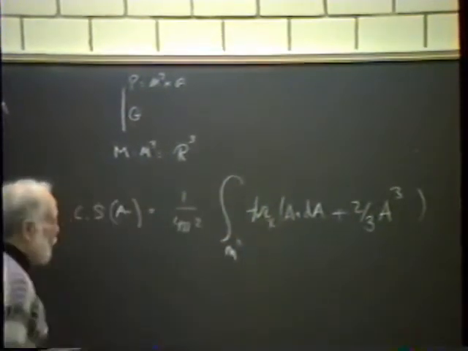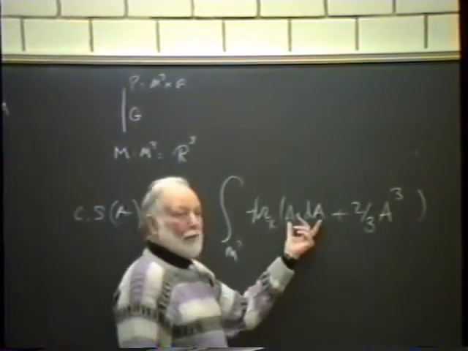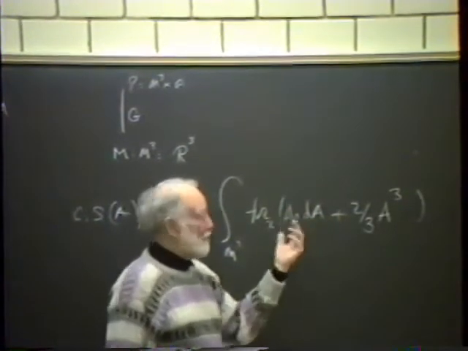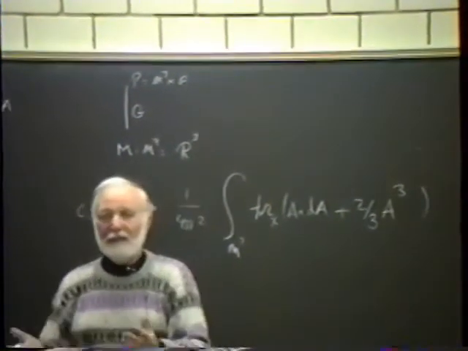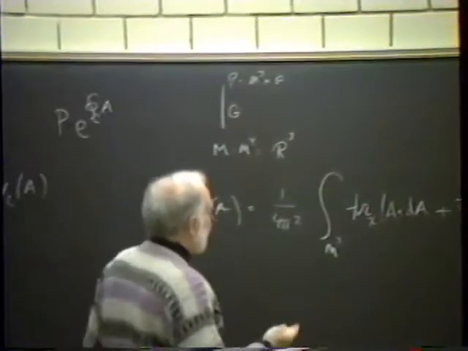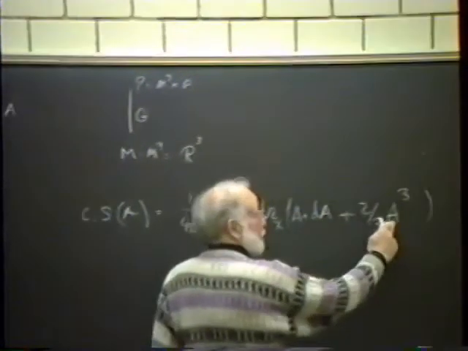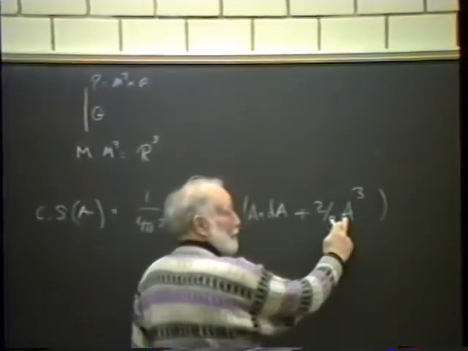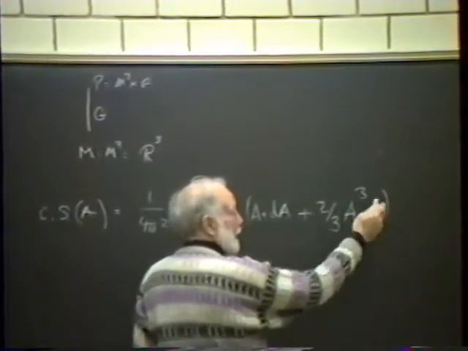A is a 1 form. Here's a 2 form. Wedge them, take their inner product. That's what the trace does for you in the Lie algebra, or wherever. Here's a 3 form which is A bracket A inner product with A.